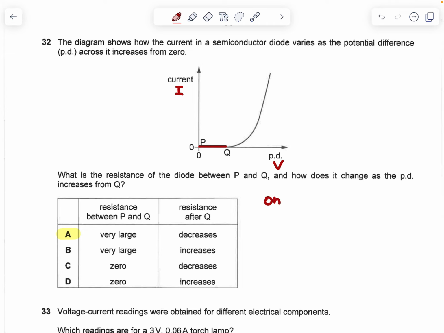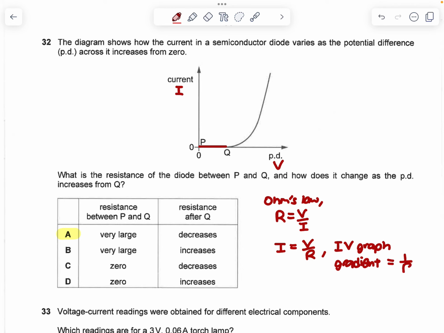We have Ohm's law, R equals V over I. I rewrite the equation, I equals V over R. We see that for an IV graph, the gradient is equal to 1 over R. So for the gradient to be 0, R must be insanely huge, or infinity. When R goes to infinity, your gradient 1 over R goes to 0.